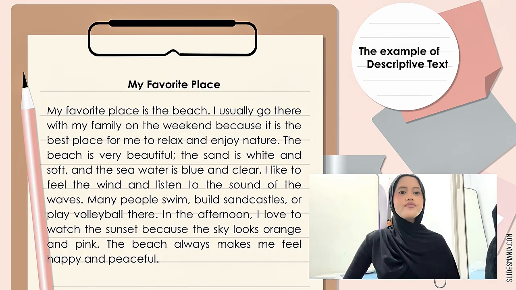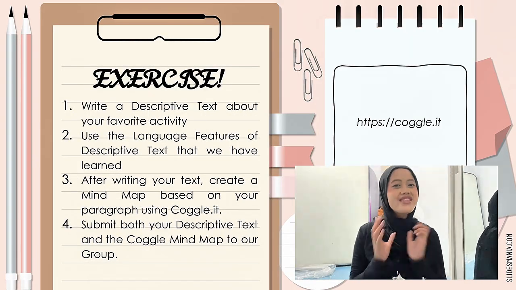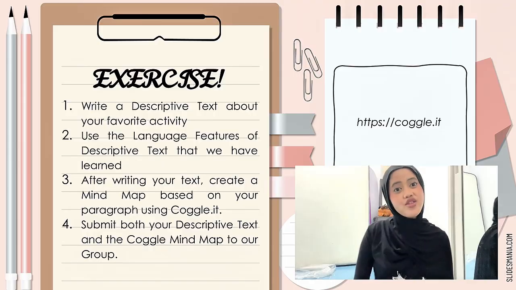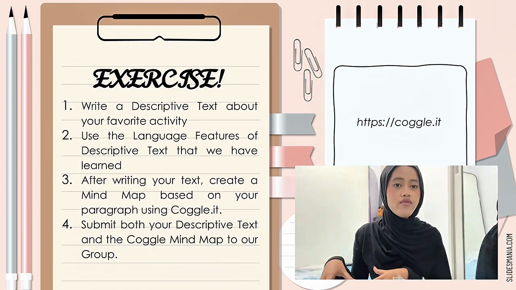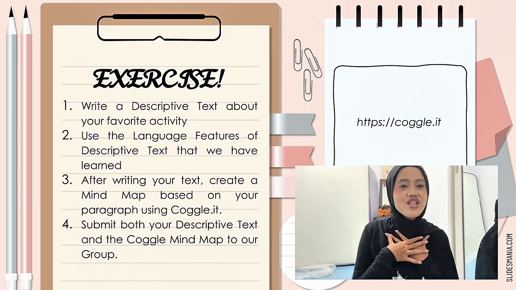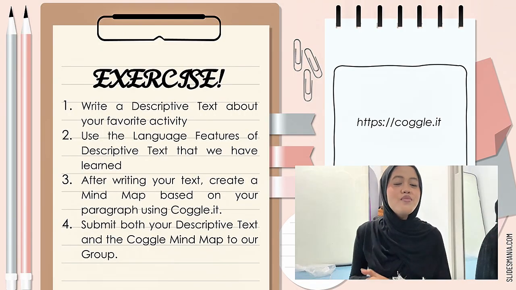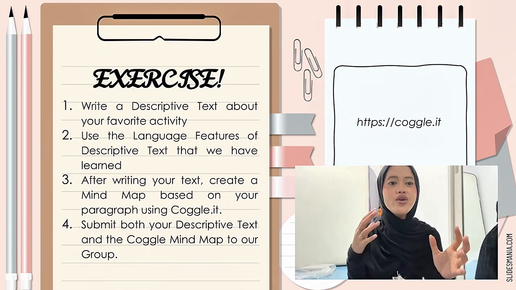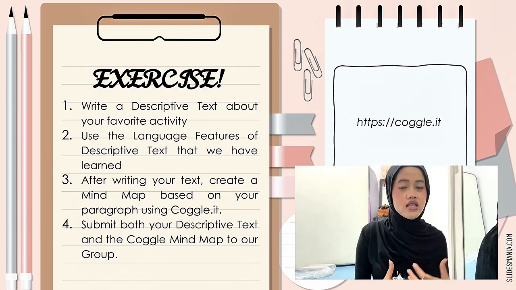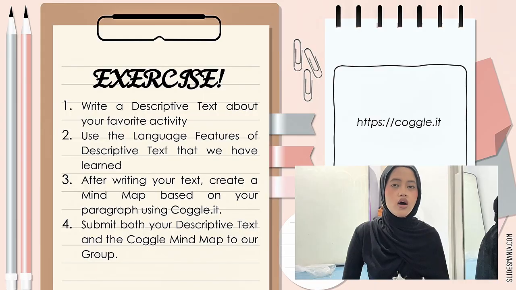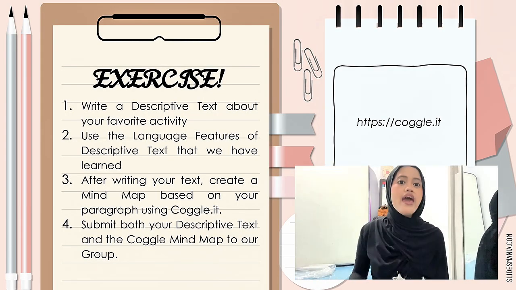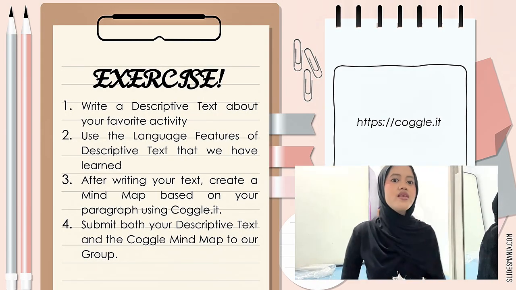Okay, great job everyone. Now that you have learned and understood the example that we have discussed, Miss Angel can see that you already master how to identify and differentiate the parts of a descriptive text, such as which is identification and which is description.